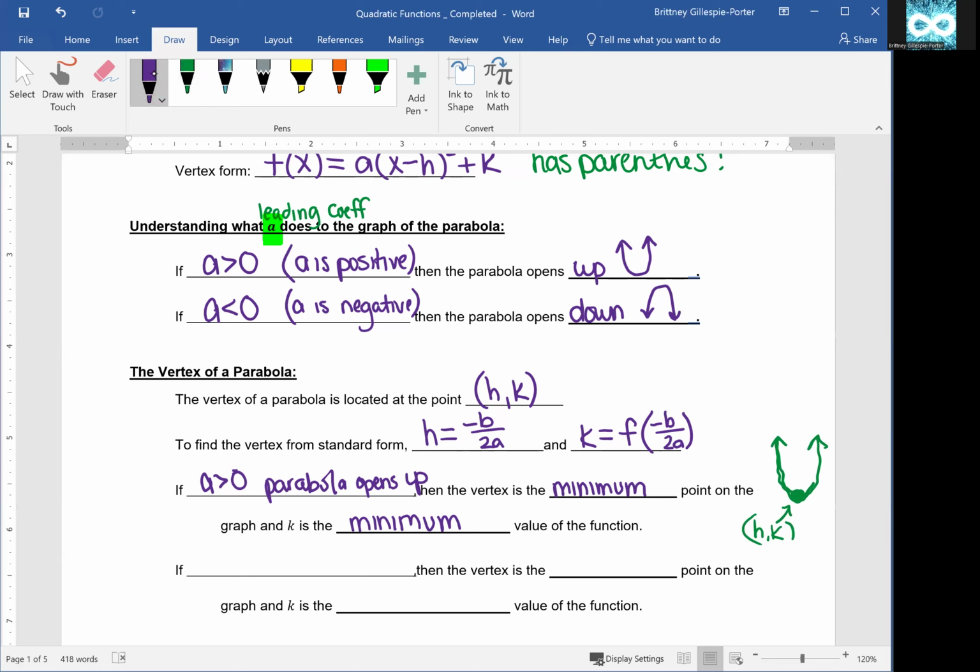However, if a is less than 0, so we're negative, which means the parabola opens down, then the vertex is the maximum point on the graph, and k is the maximum value of the function.